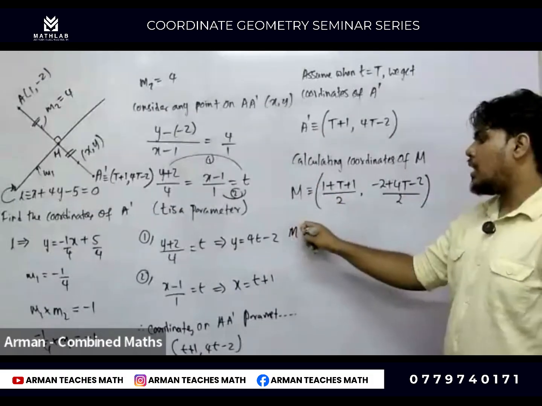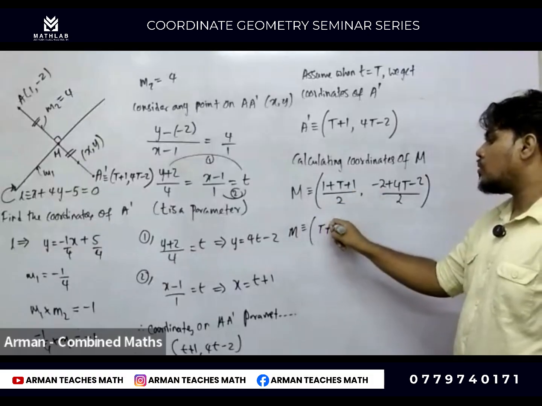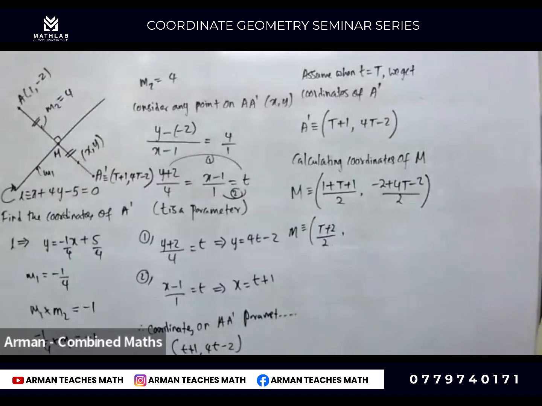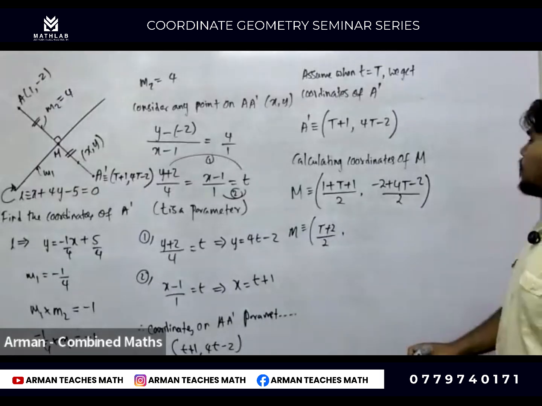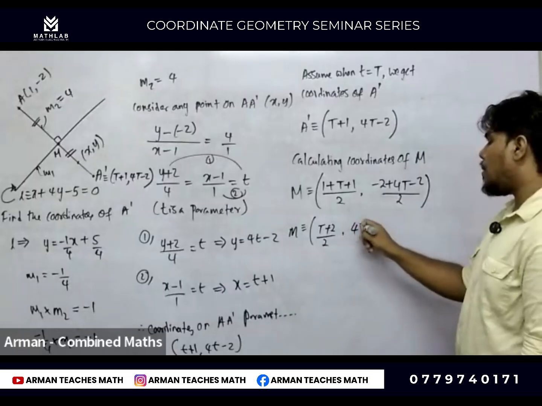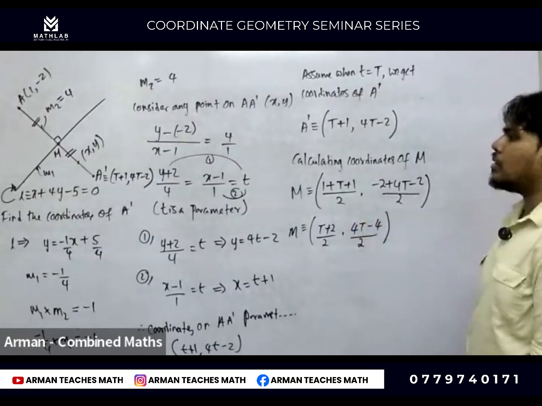So simplify and write it: ((T + 2)/2, (4T - 4)/2). Let's just keep it like this for the moment.